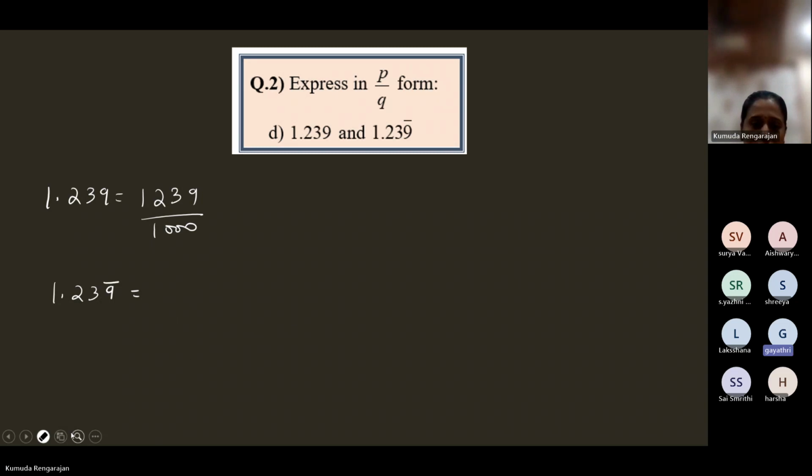Ma'am, I got minus 12.84 by 9. Read the digits. Don't read the number as a whole. 12.84 by 9.